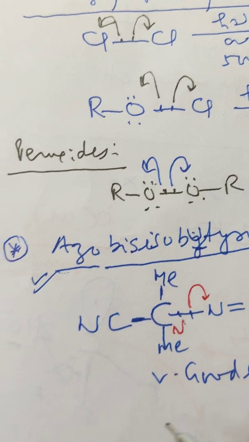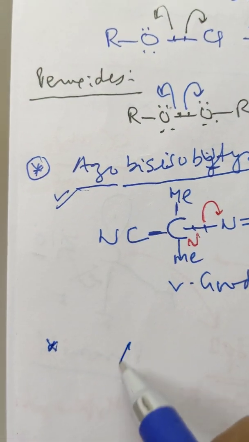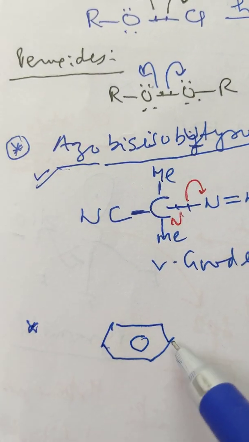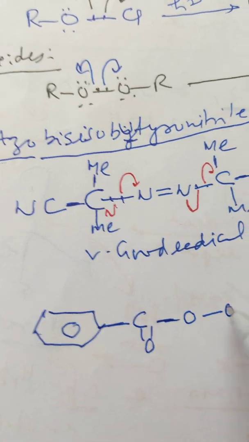Let us take one more example in which generally we get confused. Say we have benzoyl peroxide, and see why we are taking this example and what is the mistake we make in this.